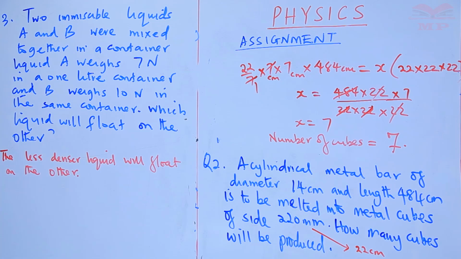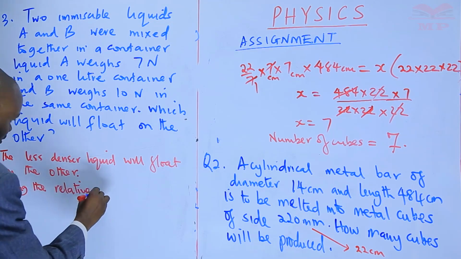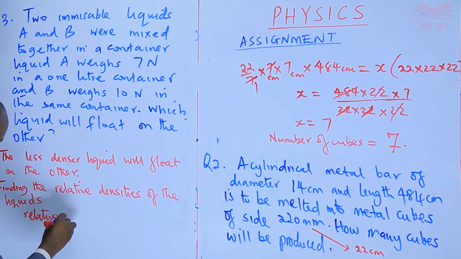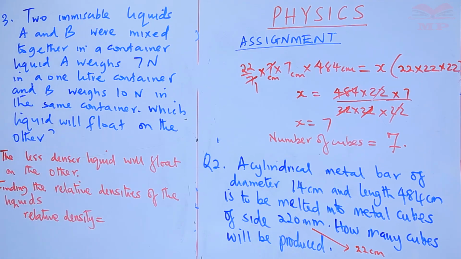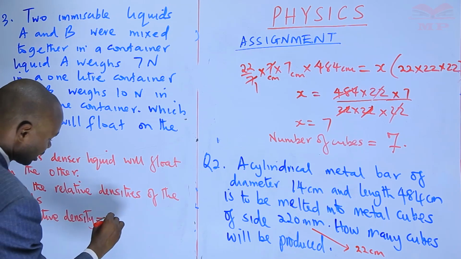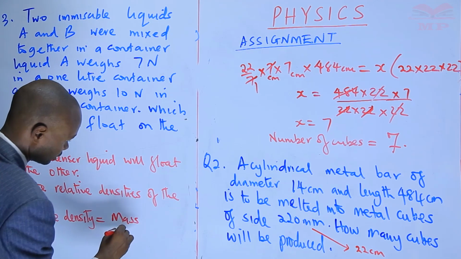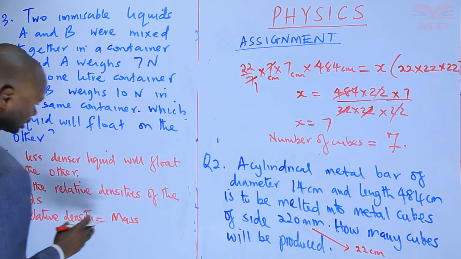So you'll use what we call relative densities. So relative density is equal to the mass of substance. You can either use mass of substance or weight.